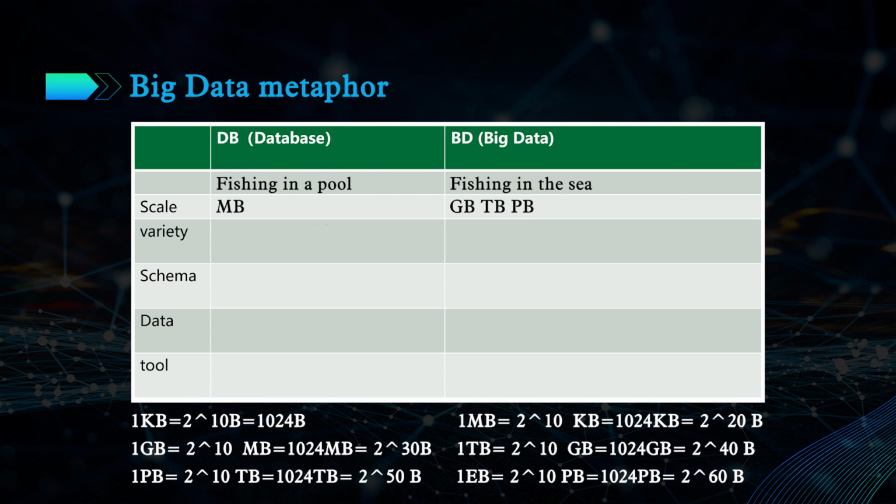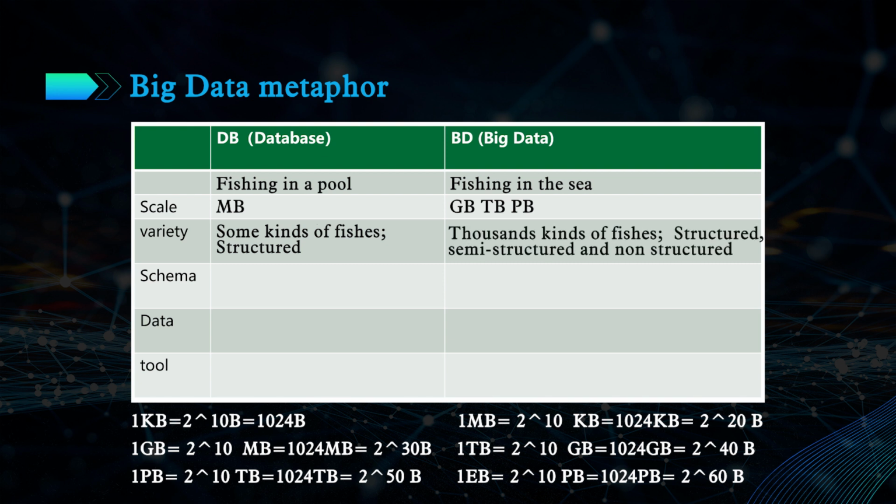In the aspect of variety, database is like some kinds of fishes, which are different kinds of structured data. Big data is like thousands of kinds of fishes, structured, semi-structured, and unstructured, all of them.